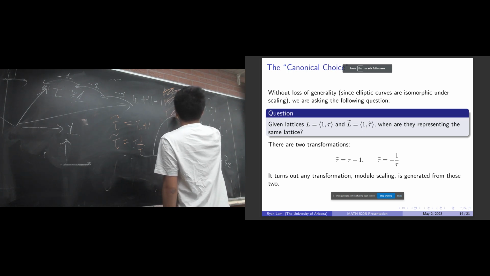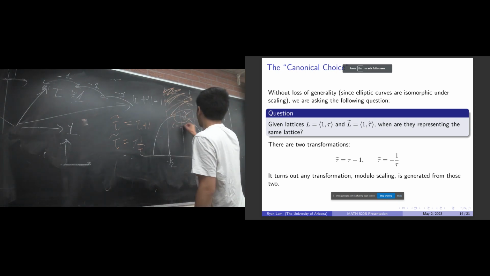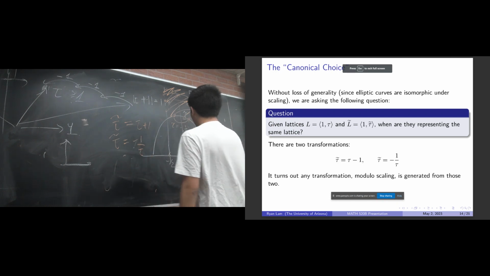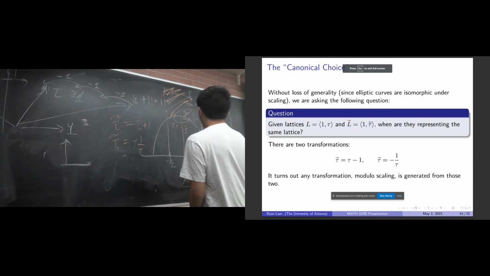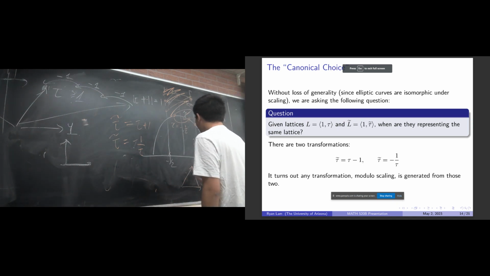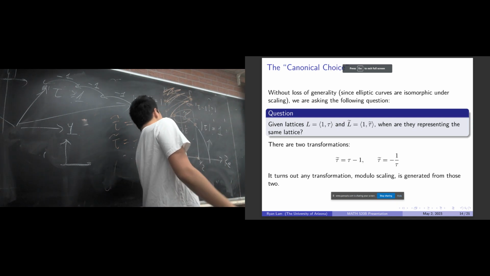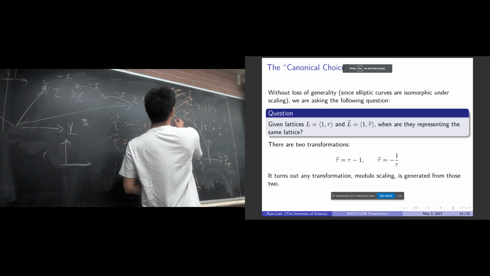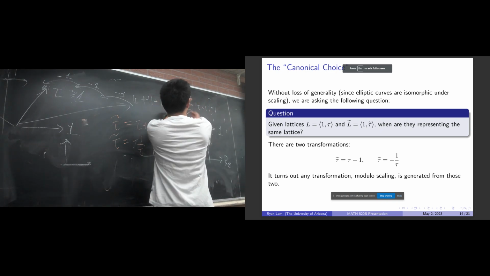And we want to identify this arc as well. This is tau to -1/tau. Let's say this one corresponds to a lattice that looks like this. You can choose this vector and this vector, and it will represent the same lattice. So we need to do the identification between the two sides here and the two arcs here.